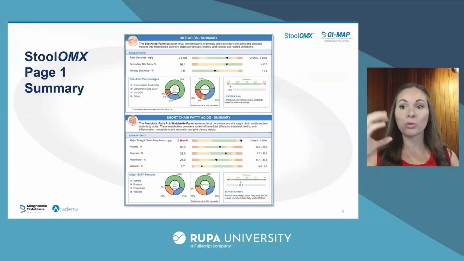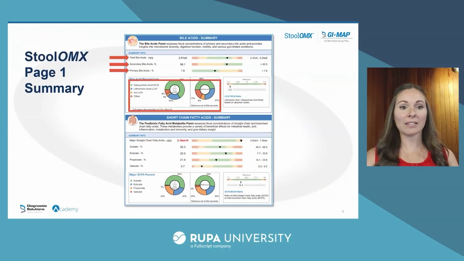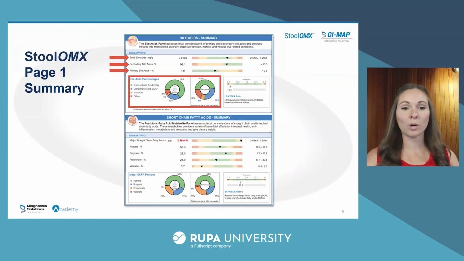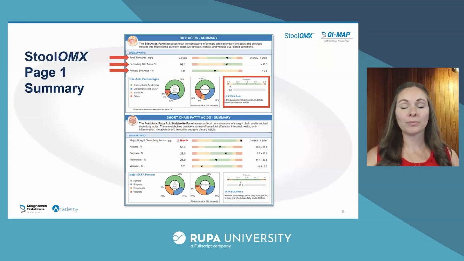I'm going to go through each one of those sections separately, but let's take a look at what we have. We have total bile acids, secondary bile acids, primary bile acids, and then you see these donut charts where you get to compare those percentages of your patient results to the reference range. So it's really nice to see visually. And then we have our LCA to DCA ratio. Again, we'll go through what all of these things mean shortly.